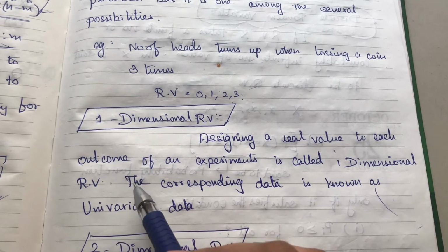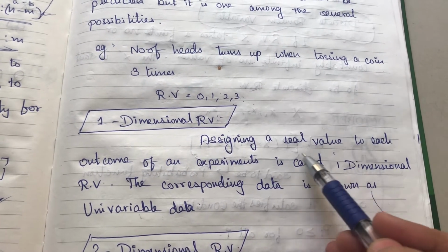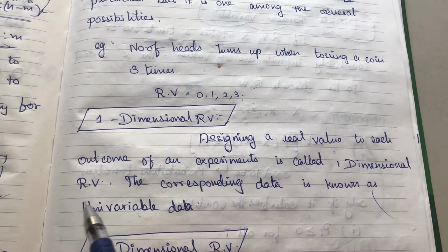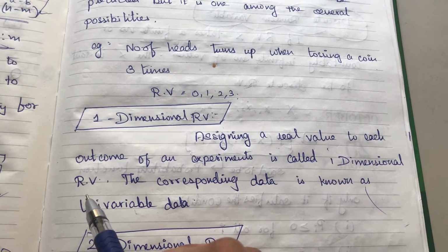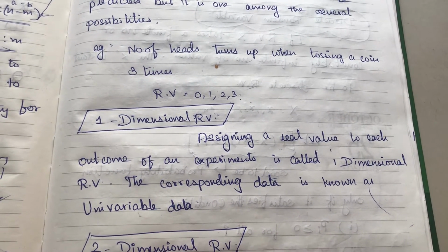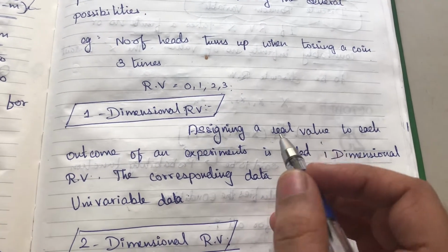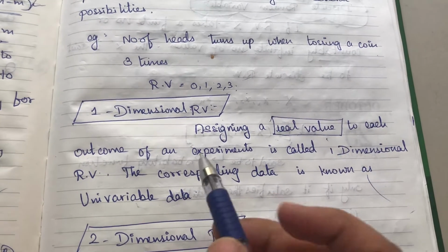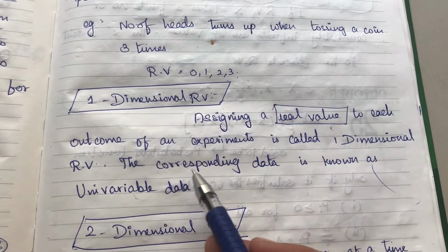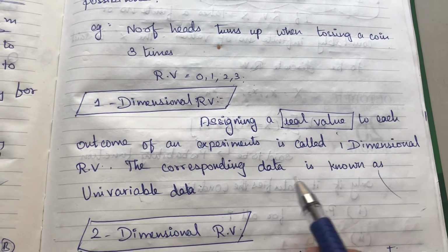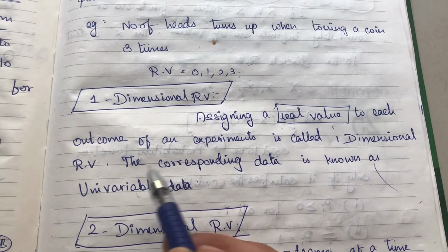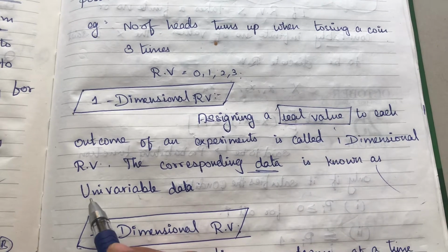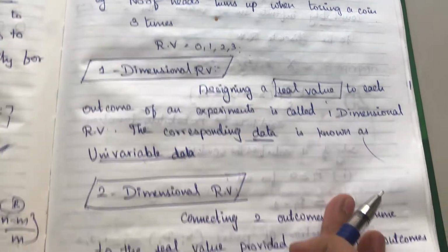Each and every outcome we are assigning a real value. This is called a one dimensional random variable. So we need to assign a real value to all the outcomes of one experiment. The corresponding data is known as univariable data. So we have got one data, right? That is univariable data.